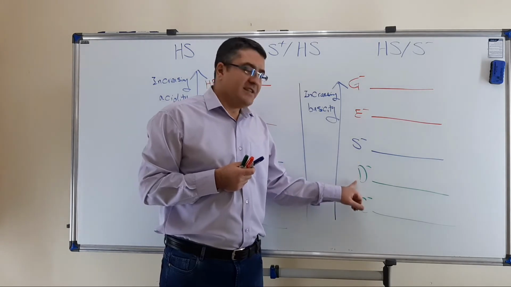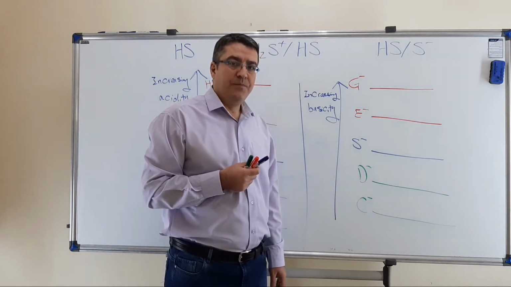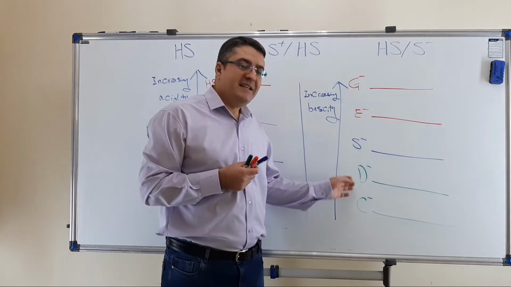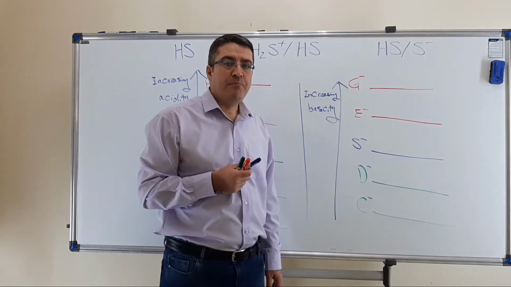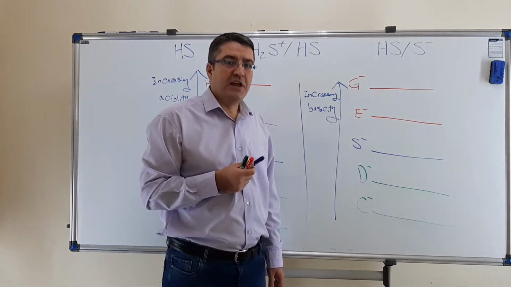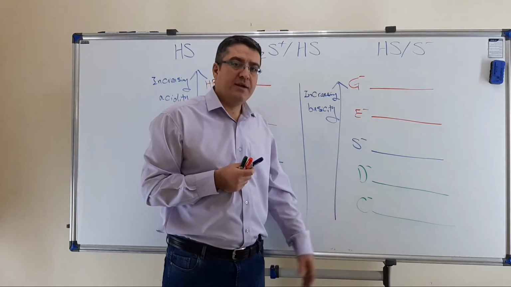The solvent HS can differentiate between basicities of these bases. Solutions of these bases at the same concentrations will have different basicities. The solvent HS will not make the basicities appear the same.